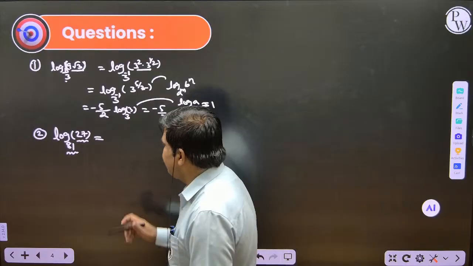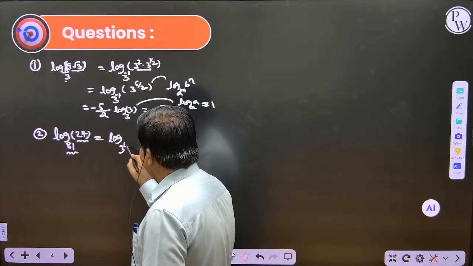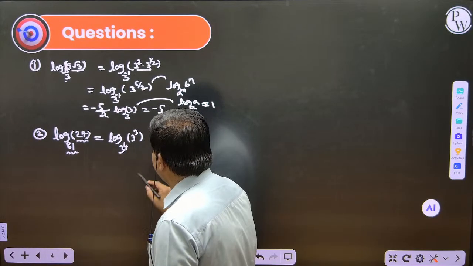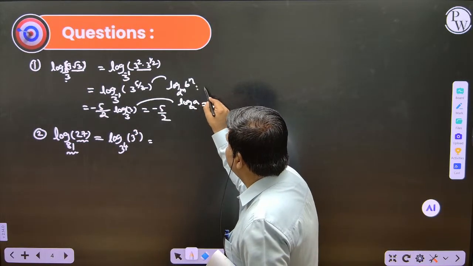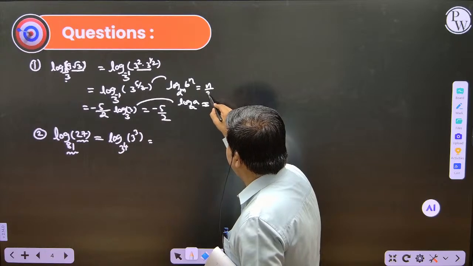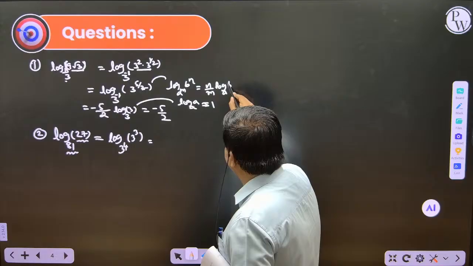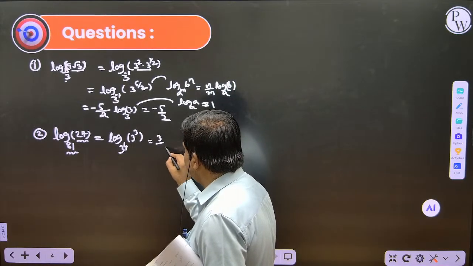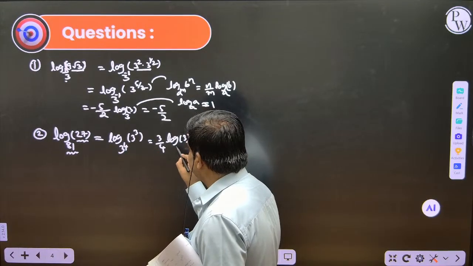What is the possibility of that? Log of 3 power 4 for the base, and 27 is written as 3 cube. So according to this formula, this is n by m into log of b to the base a. So it is 3 by 4 into log of 3 to the base 3.